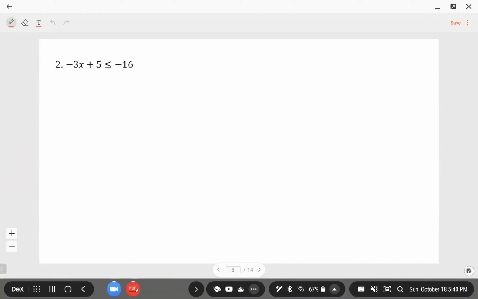Okay? So, negative 3x plus 5 is less than or equal to negative 16, right? And we see here that 5 and negative 16 are both numerals, so let's combine them. Let's move the 5 over to the right-hand side. So negative 3x should be less than or equal to negative 21.